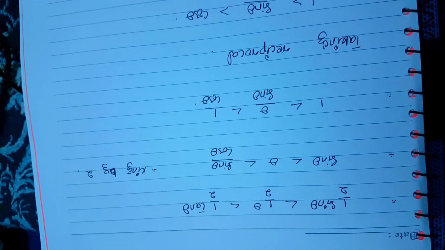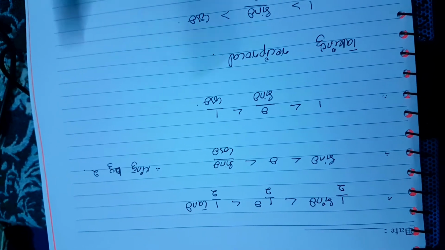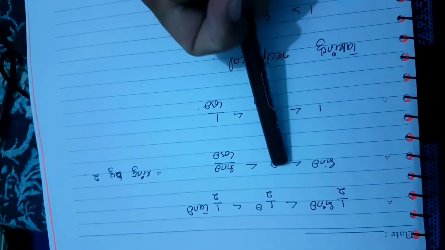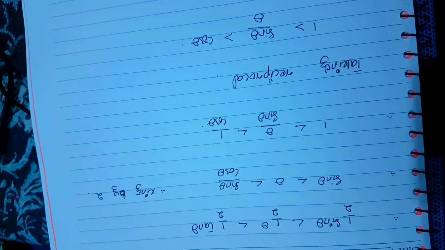I multiply the whole inequality by 2, so we get sine theta is less than theta, which is less than sine theta by cos theta.